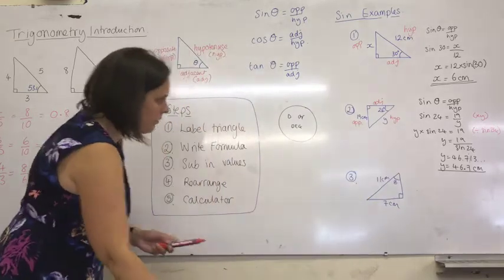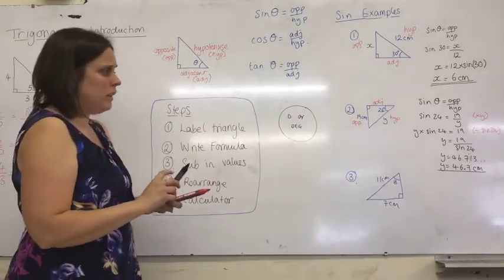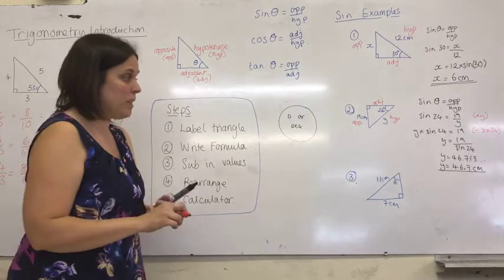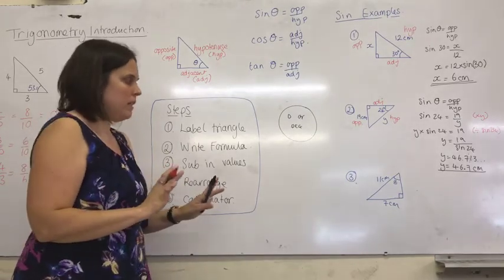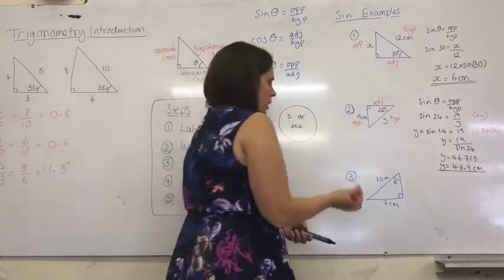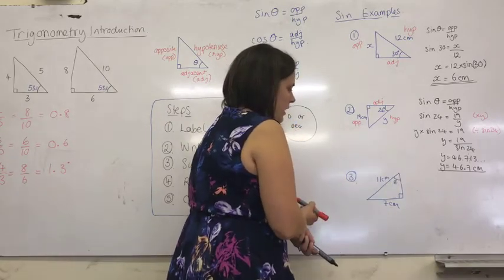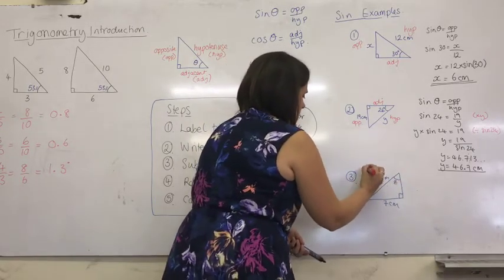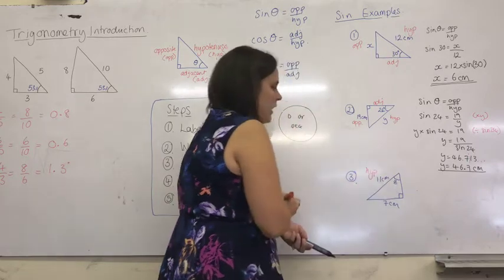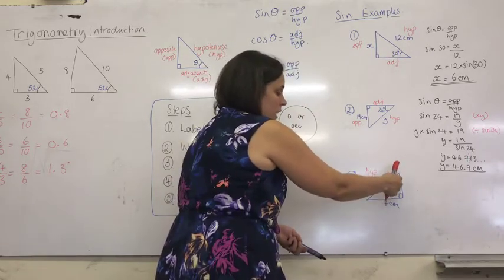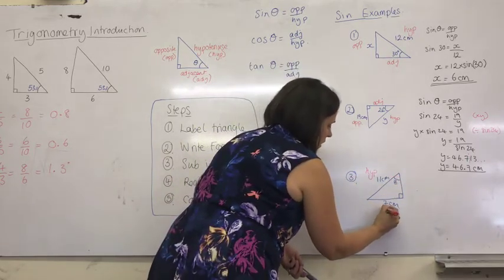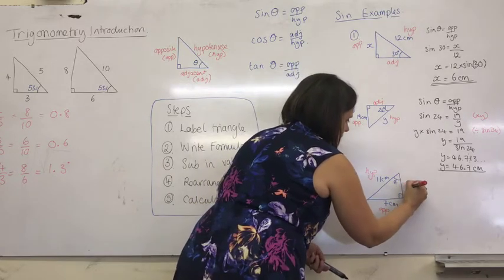Now, the last one, we're actually finding an angle this time, but it remains the same. Again, we're going to label our sides. Spot the hypotenuse, it's opposite the right angle, Z is here, the opposite side is over here, and then this is the adjacent.